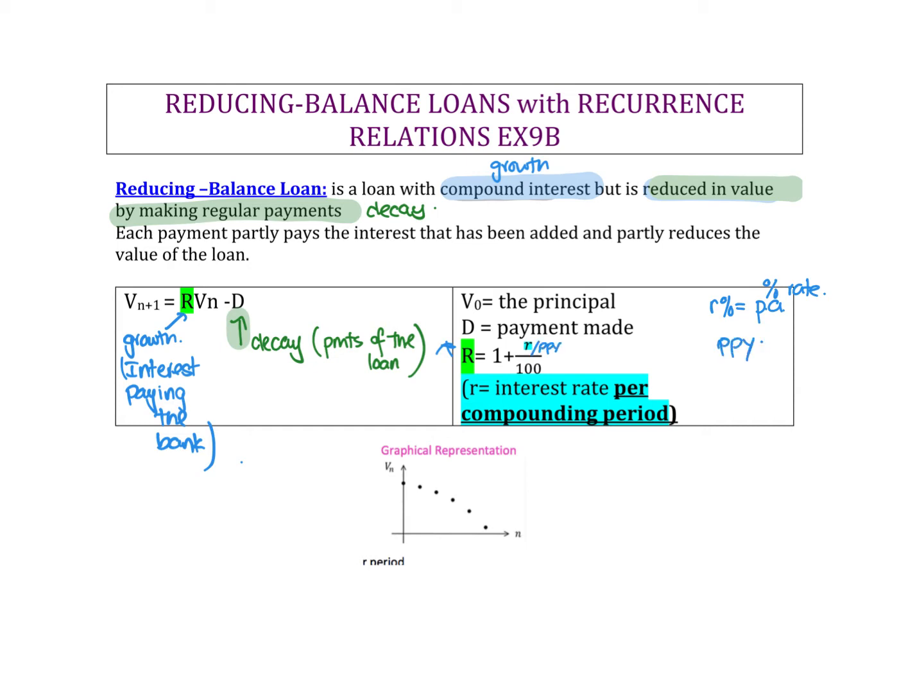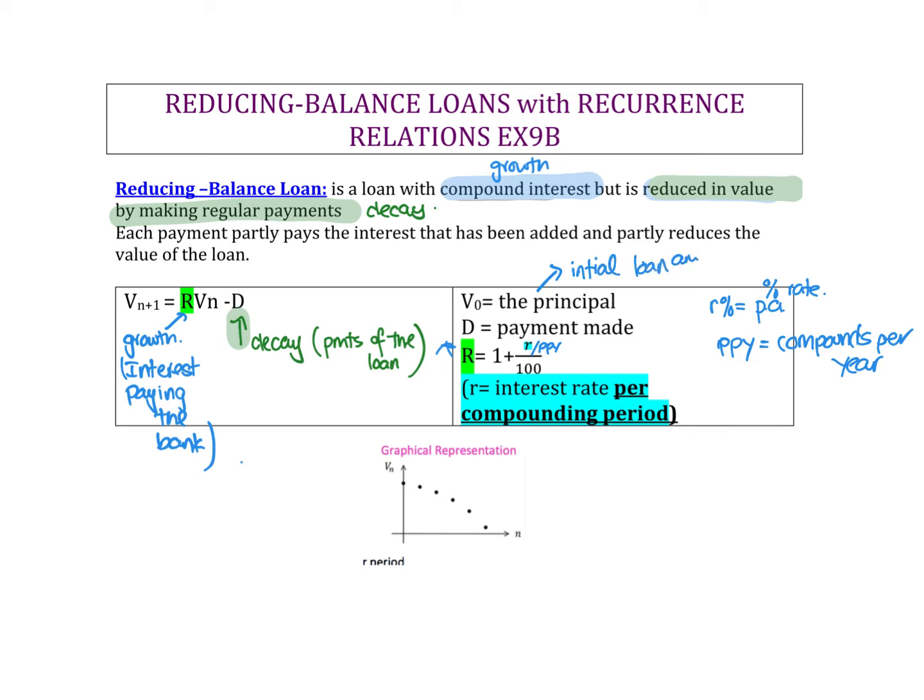So PPY is the compounds per year. So in 1 year, how many times do you charge the interest? And obviously D is the payments made. So they'll tell you what payments you're going to make, and V0 is your initial borrowing, your initial loan amount.